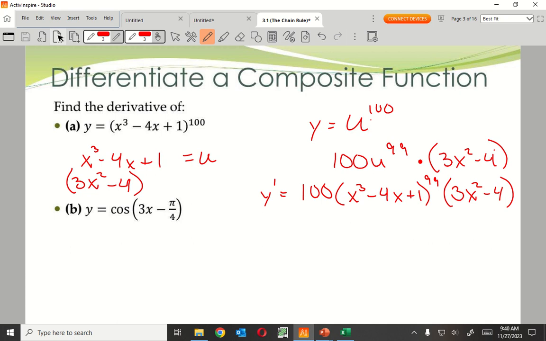Okay. Now, let's look at the next one. So we have inside and outside. So if I identify it by each part, all this right here on the inside is going to be my u. So I'm going to say that u is 3x minus pi over 4.